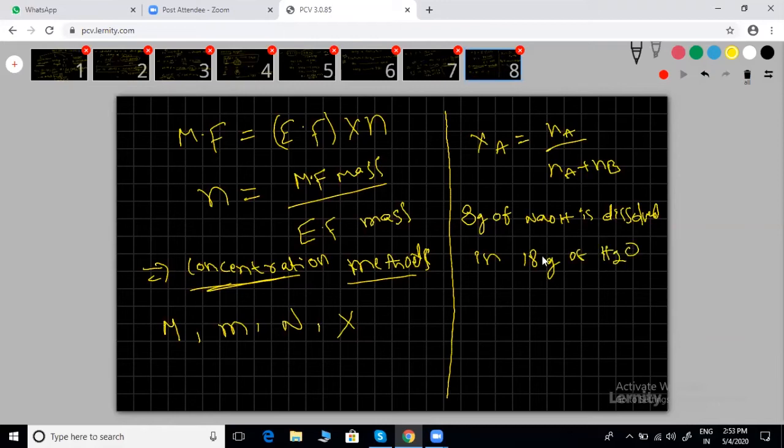Calculate mole fraction. I hope you know if there are only two components, XA plus XB always equals 1. Can you try? In examination they won't give difficult calculations, very simple calculations they will give. But you may get little bit difficult calculations in some papers.